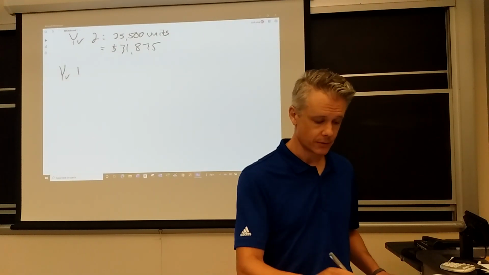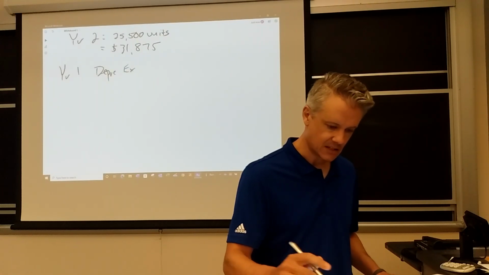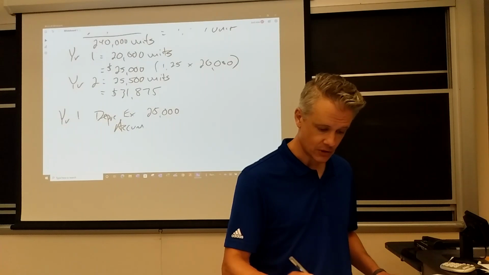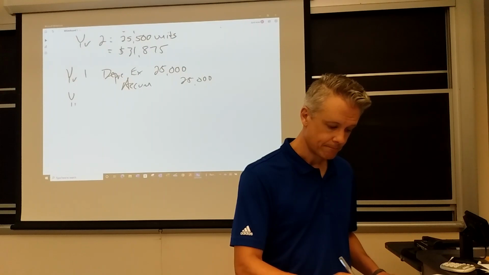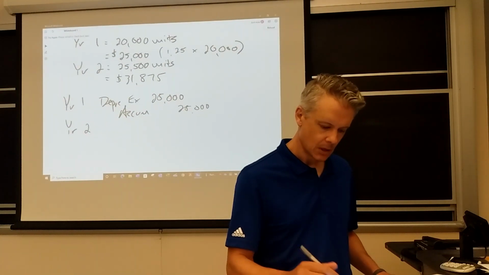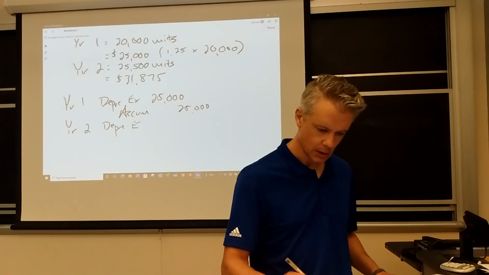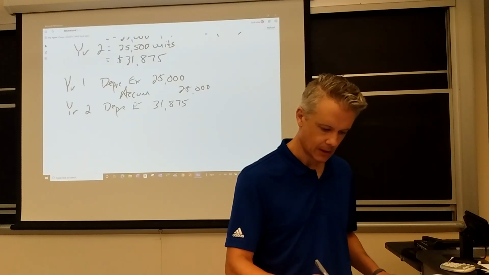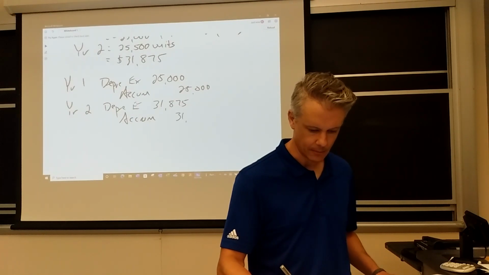Our year one journal entry, depreciation expense, that was $25,000. Our accumulated depreciation credit, the same. Year two, we would debit depreciation expense for $31,875 and credit accumulated depreciation for the same amount.